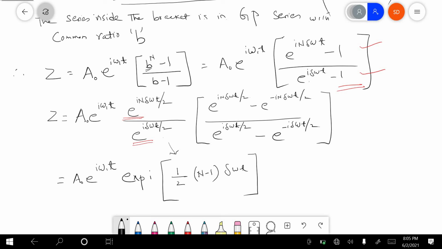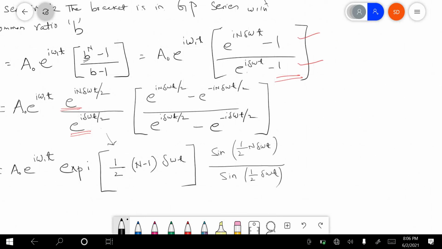And here we have got sine half n del omega t over sine half del omega t. Why am I writing this here?